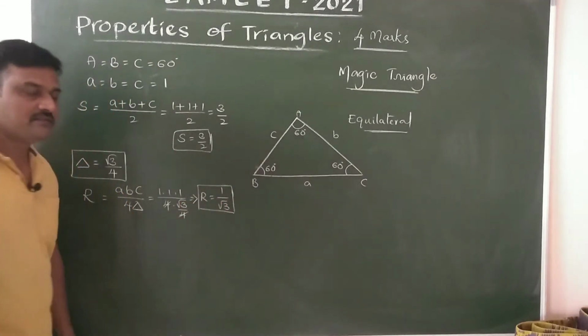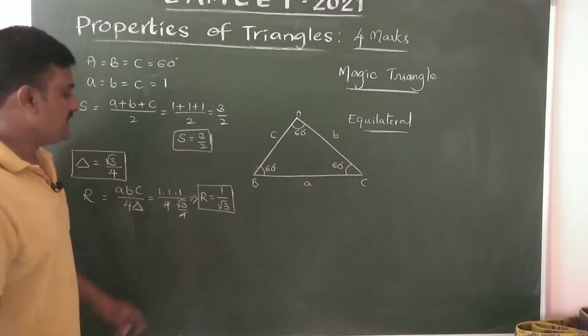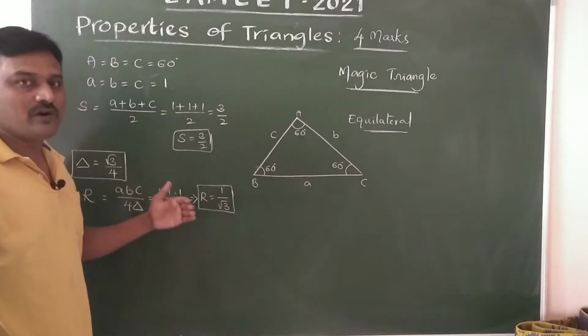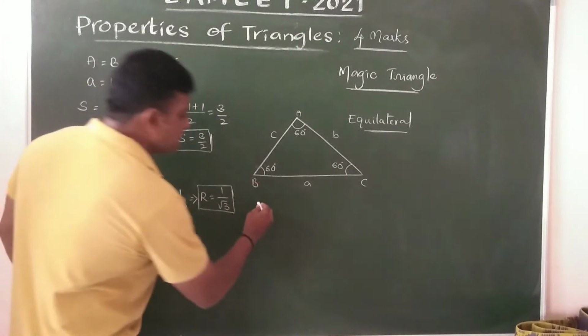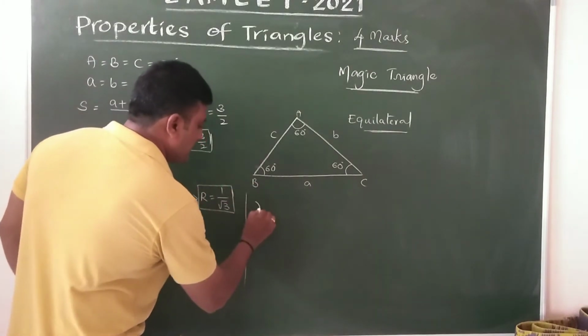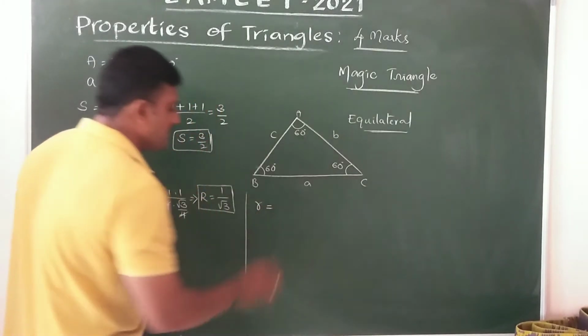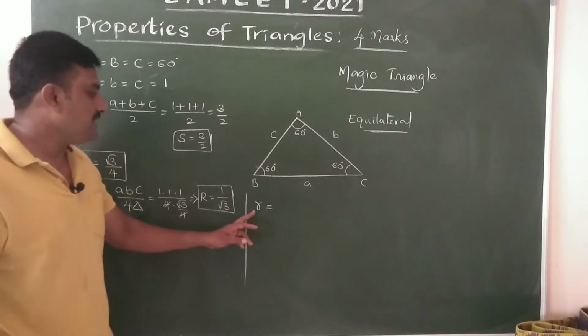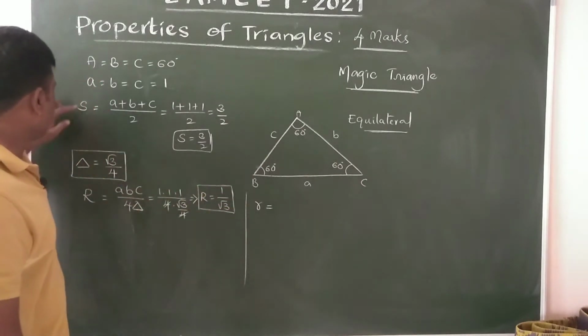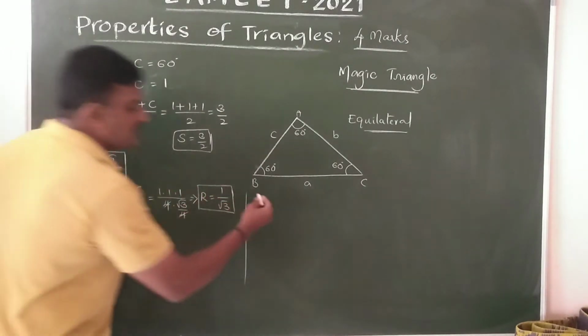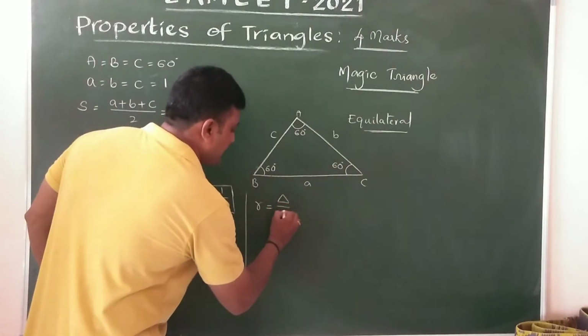And also we can use small r, R1, R2, R3 like that. Now what about small r? How to get small r? By using s, delta and capital R. Here r equals delta by s.